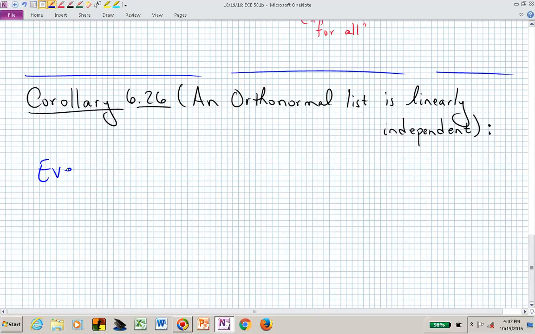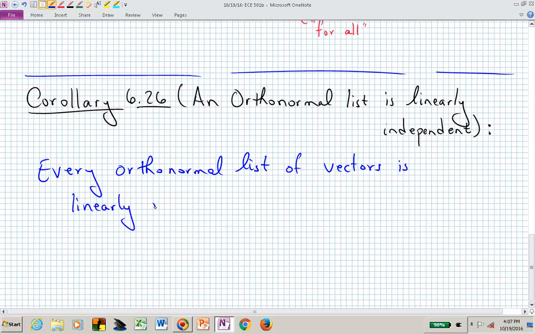Every orthonormal list of vectors is linearly independent. So if you give me an orthonormal list, then those vectors are linearly independent.